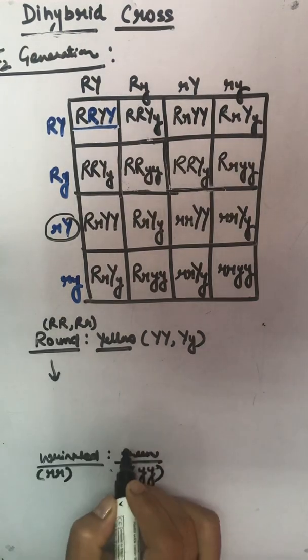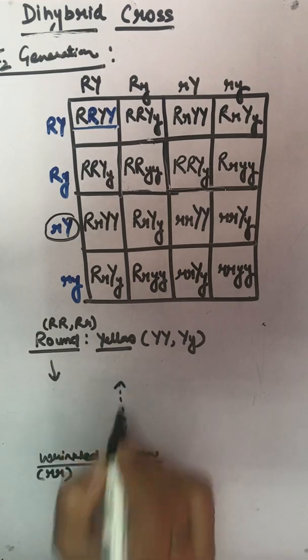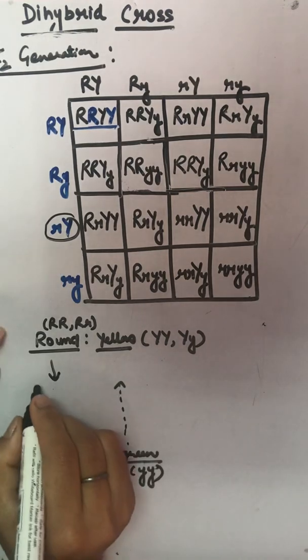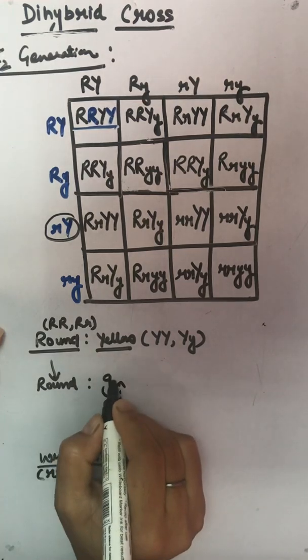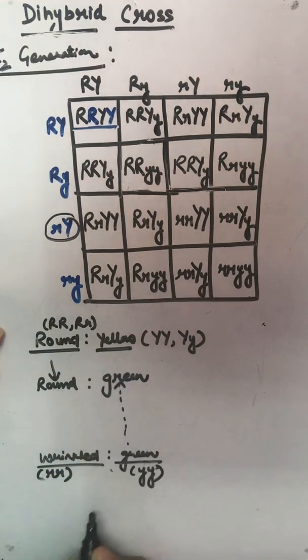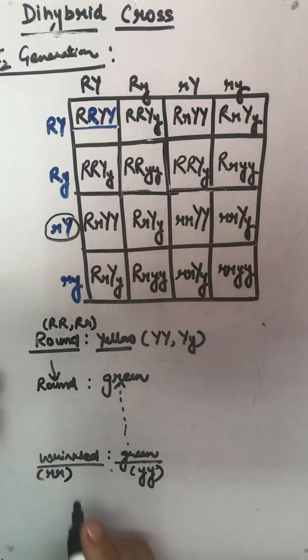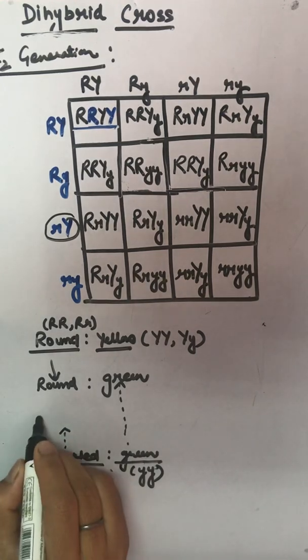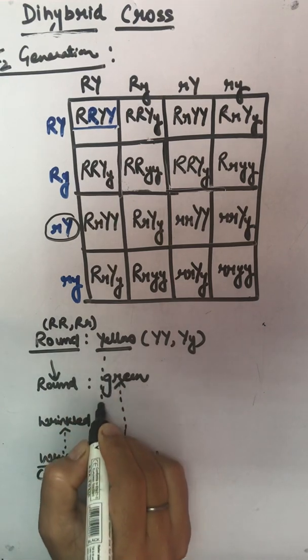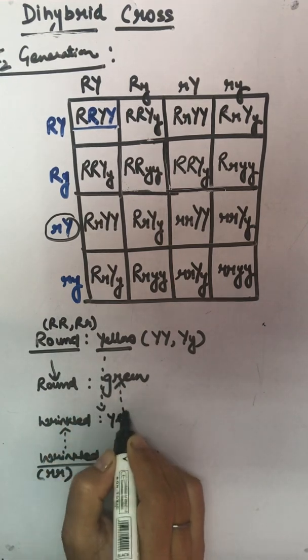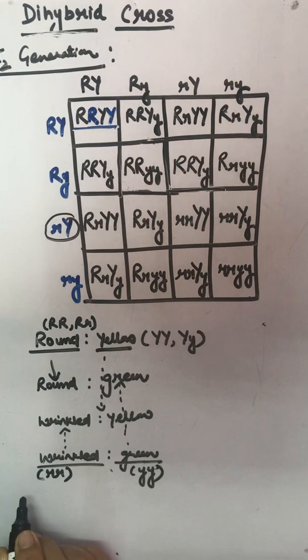Now, let's begin by supposing that after blending, a round and green combination is formed, and after blending, another possibility is that a wrinkled and yellow combination can be formed. Right?